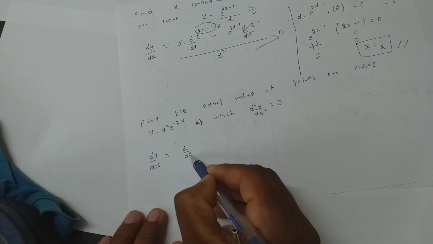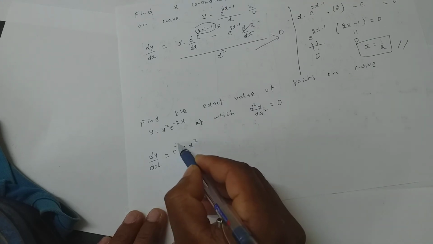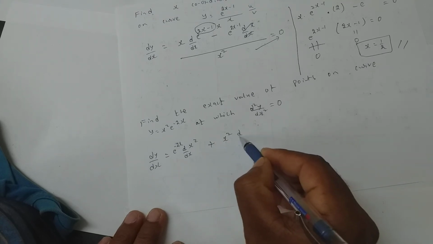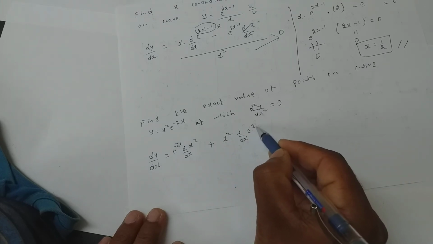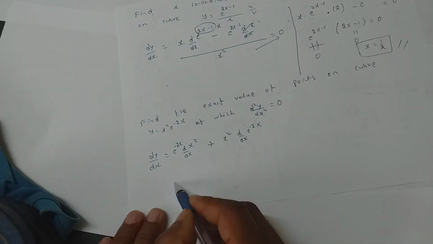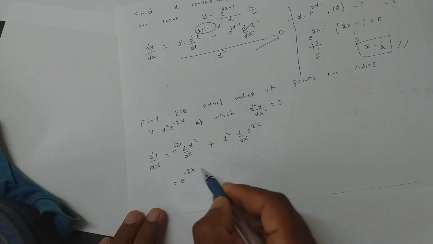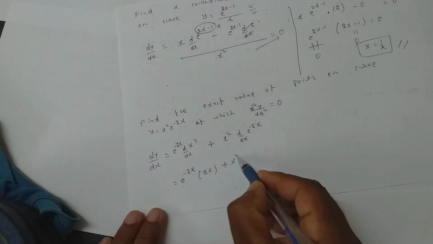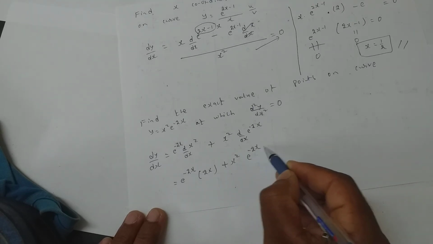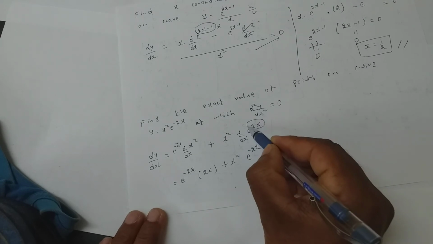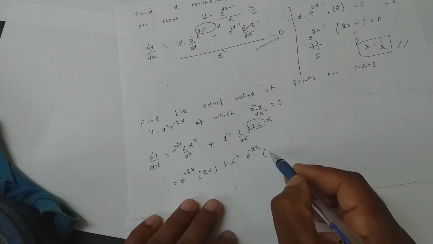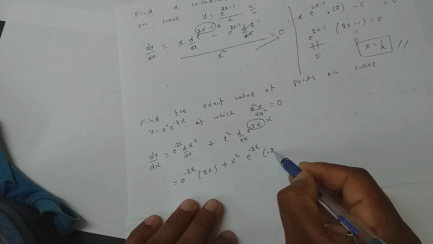So if I differentiate x square, write e power minus 2x as it is, plus d by dx of e power minus 2x. Now it becomes e power minus 2x into differentiation of x square, which is 2x, plus x square into e power minus 2x, which is minus 2x. It is in place of x. So in place of x, whatever you have assumed, that differentiation you need to do, which results in minus 2.